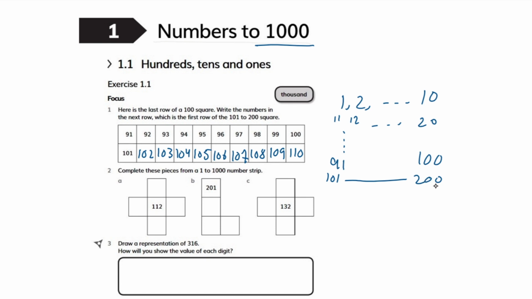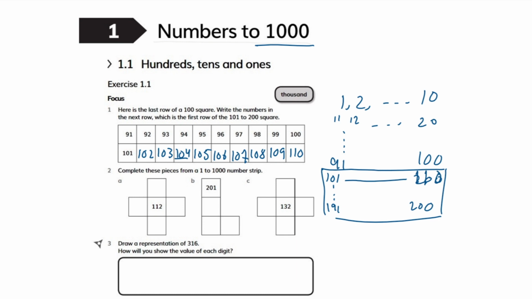This is not 200, this is 110, because to make the square from 101 to 200, it takes from here 191 to 200. Now the first question is done, which is filled by 101, 102, 103, 104, 105, 106, 107 up to 110. This is the answer to the first question.